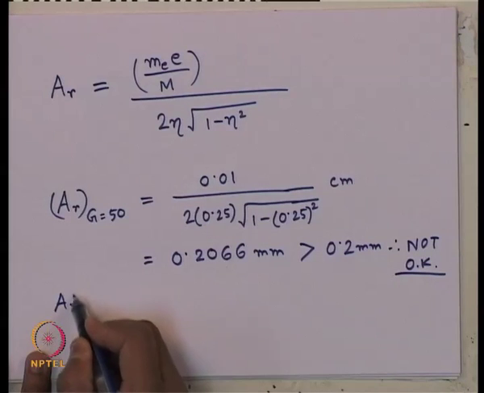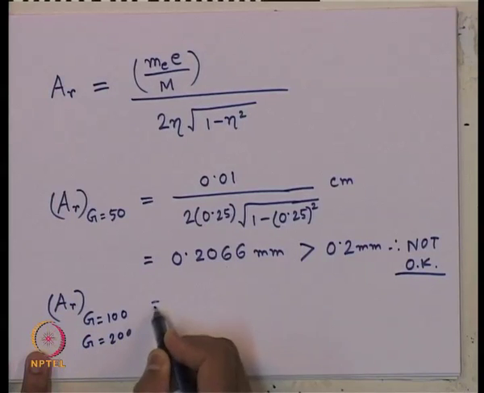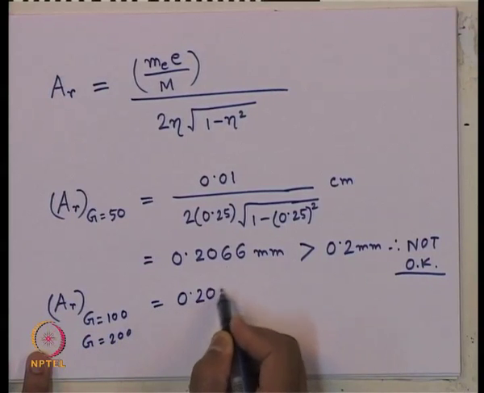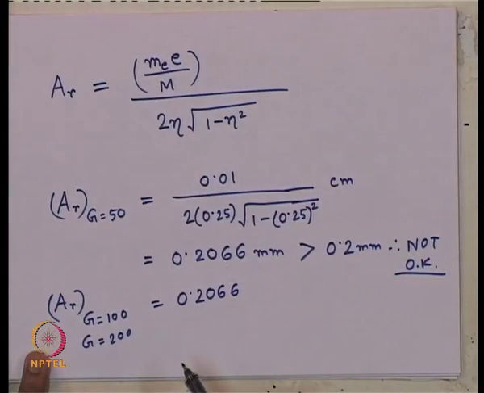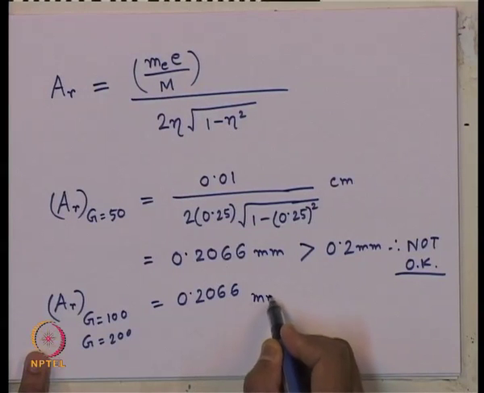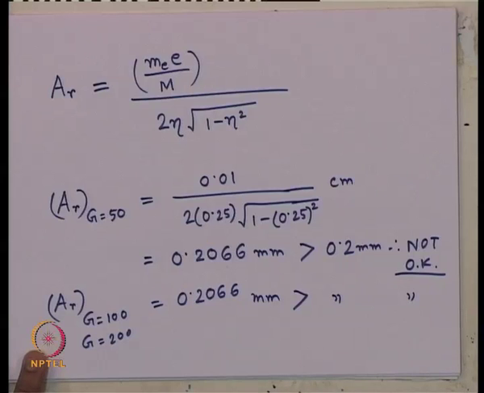And A r for other two values of g, that is g equals to 100 or g equals to 200, they remain same. Why? If you look at this expression carefully, they are independent of g value. So, in that case also the same comment holds good.